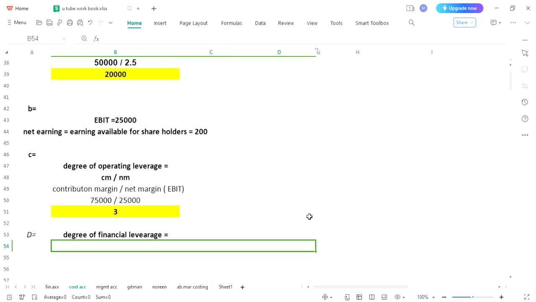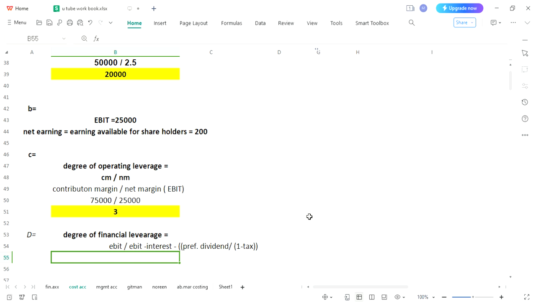For this, what we need is EBIT, divided by EBIT again, subtracting the amount of interest, and subtracting preferred dividend if it is present in your question, after dividing it by 1 minus the tax rate. With this you will complete your degree of financial leverage.